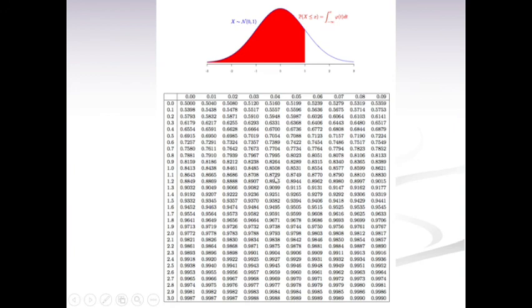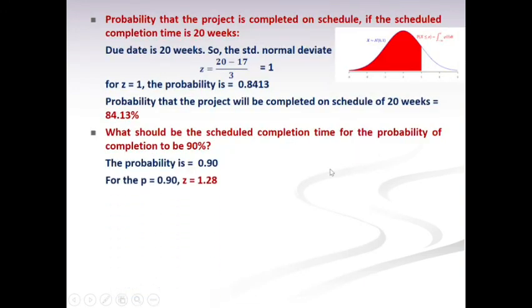If you search, it is 0.8997 and 0.9015. So this is the nearest one, and for this value the Z value is 1.28, for the probability of 0.90.